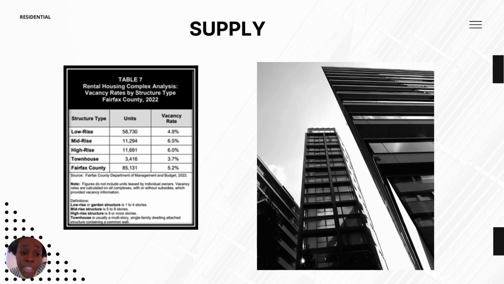So next we have the supply. This research came from Fairfax County about the overall units that they have and what has been shifting. And then I also did some research on the home sales in the area, which reported this quarter a negative 41.2% year over year growth, with only 10 homes sold in this market.